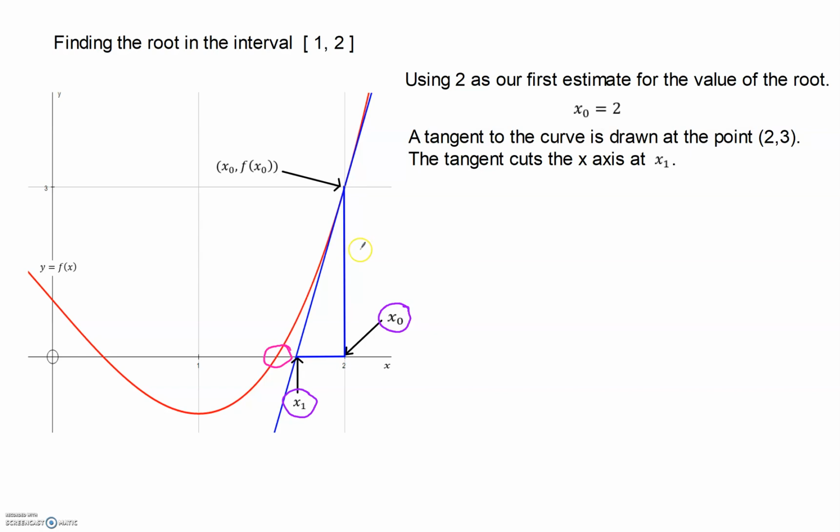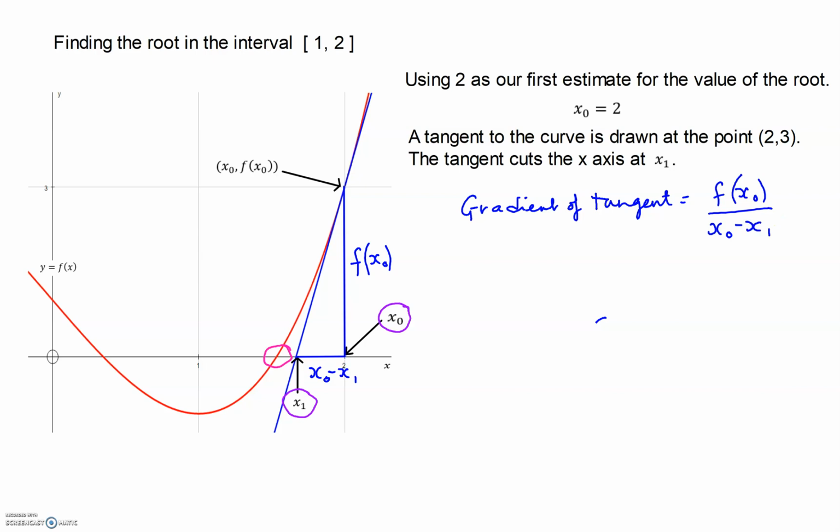The height of this triangle is our f of x0, and we know that's actually 3 because that's the value of y, or f of x0, at that point, and the distance along the bottom is going to be x0 take away x1. So the gradient of the tangent is f of x0 over x0 take away x1.